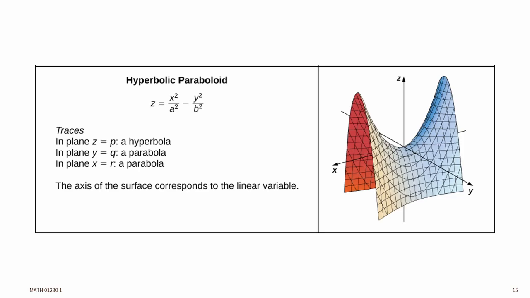And notice the axis that the saddle's sitting on corresponds to the positive quadratic. And so it's enclosing the x-axis in this case.